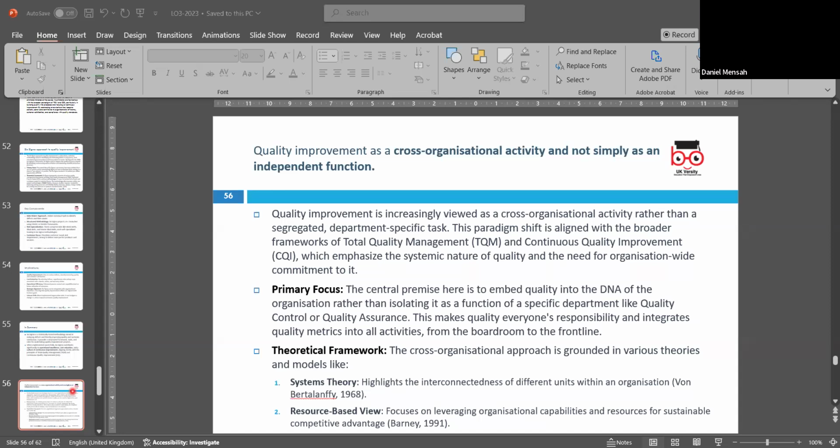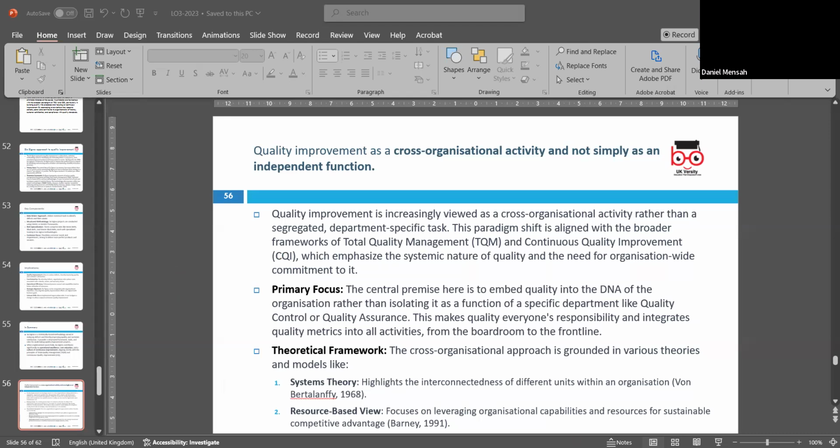It shouldn't be the responsibility of one department. System theory tries to connect different units within an organization. The resource-based view leverages organizational capability and resources to achieve sustainable competitive advantage. We also discussed the balanced scorecard, which incorporates both financial and non-financial performance metrics to provide a comprehensive view of organizational performance.